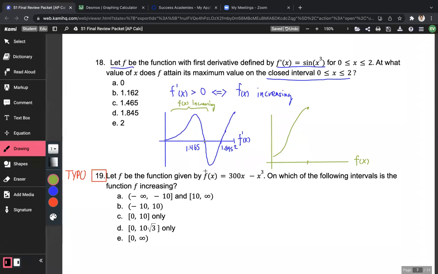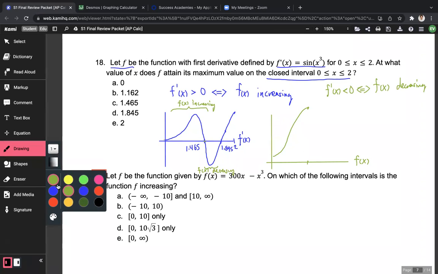All right, on this interval down here from 1.465 to 1.845, I see that my first derivative is negative. Remember that if f prime of x is less than 0, that only occurs when f of x is decreasing. So from 1.465 to 1.845, we're decreasing.